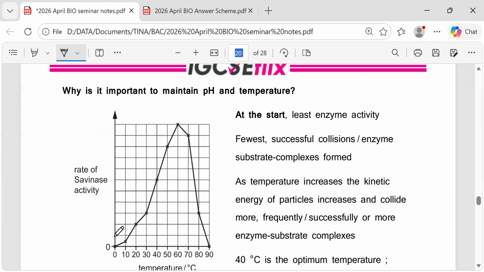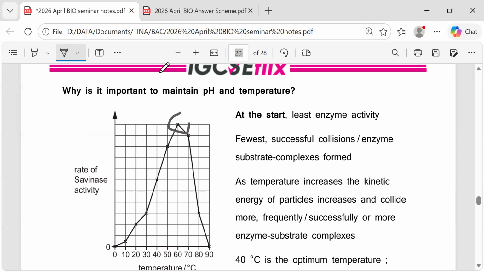This one, they always ask you, it's always a 5 mark or 6 mark question. What happens at low temperature, at low pH? Why is it important to maintain pH? Least enzyme activity, less enzyme substrate complex. This is temperature. As it goes up, more kinetic energy, particles have more collisions, more enzyme substrate complexes.